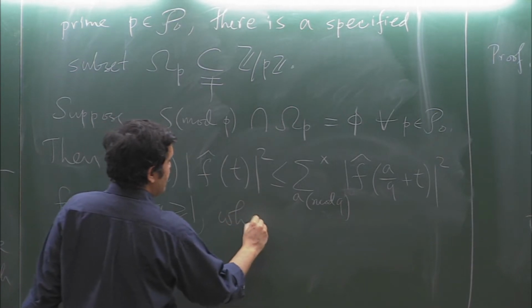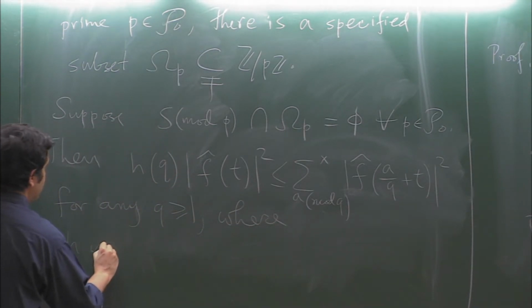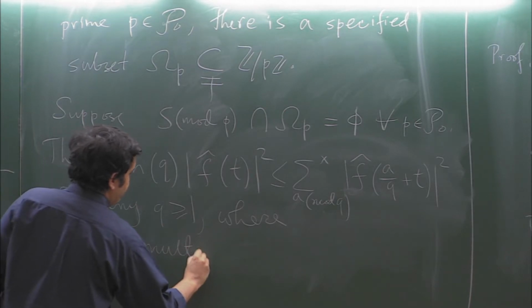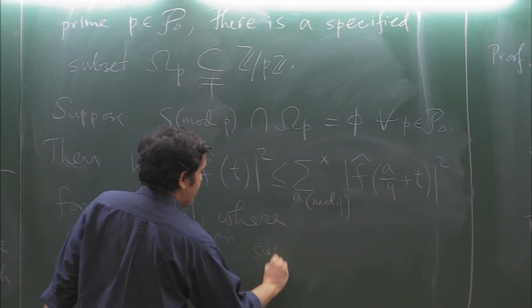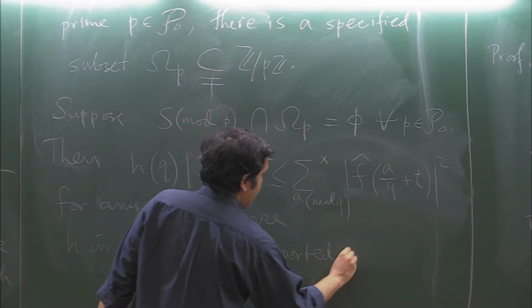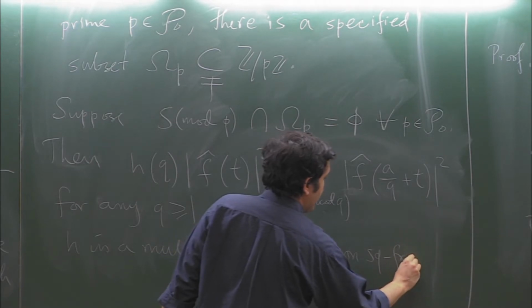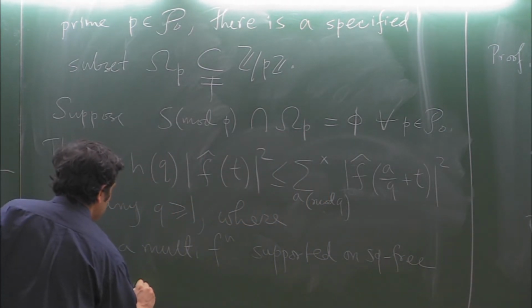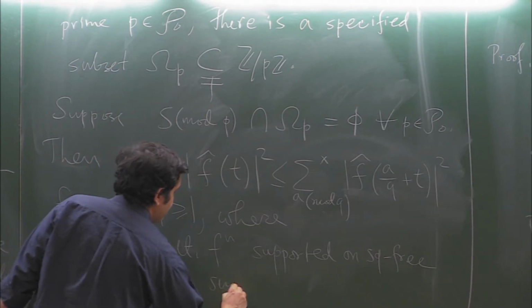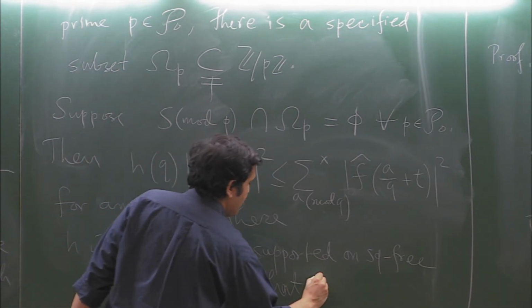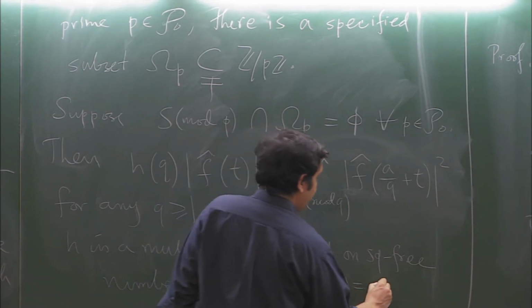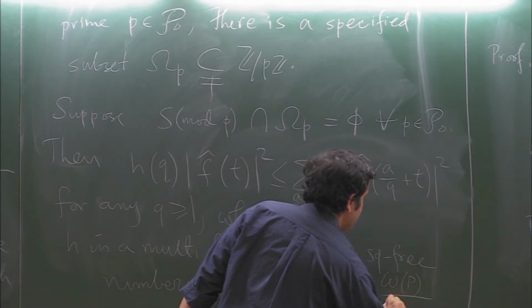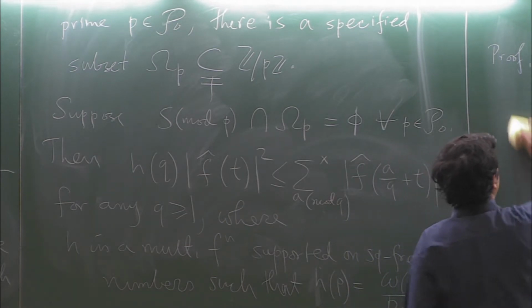And I have to define what h is, where h is a multiplicative function supported on square free numbers, such that h of p equals omega p divided by p minus omega p for every prime p in P naught.